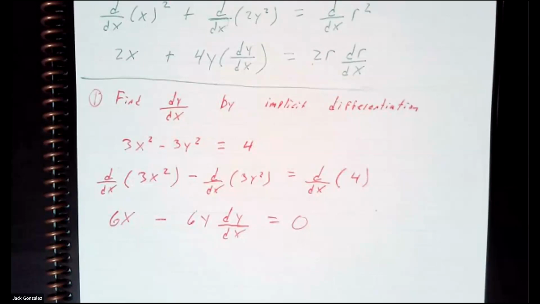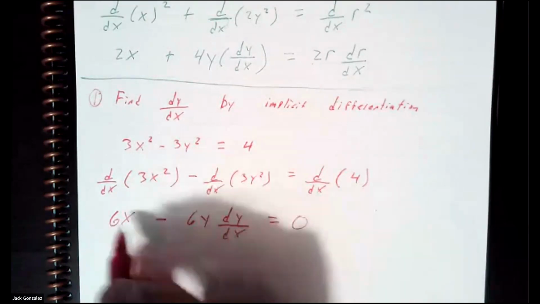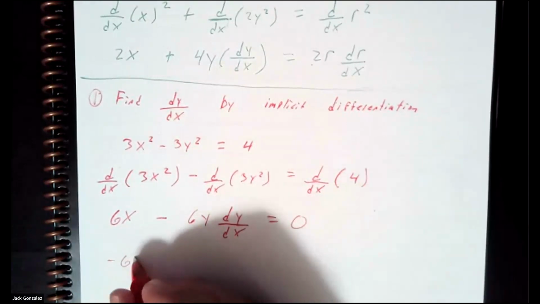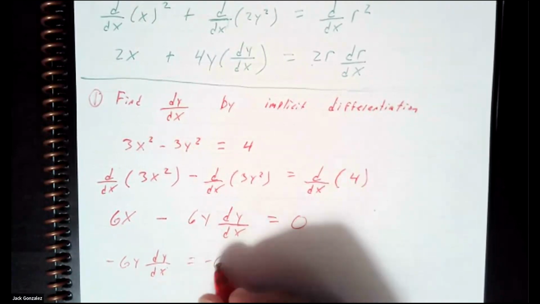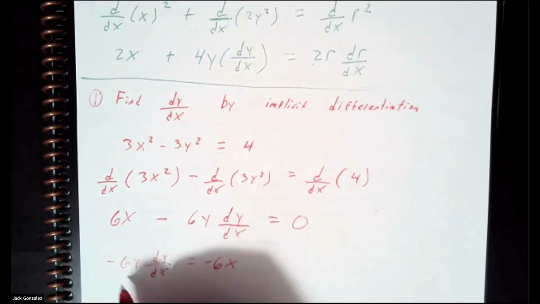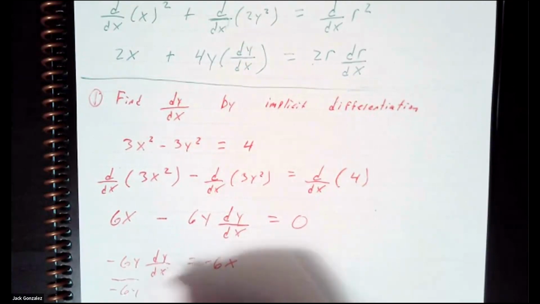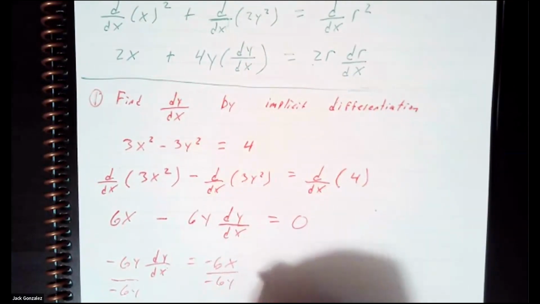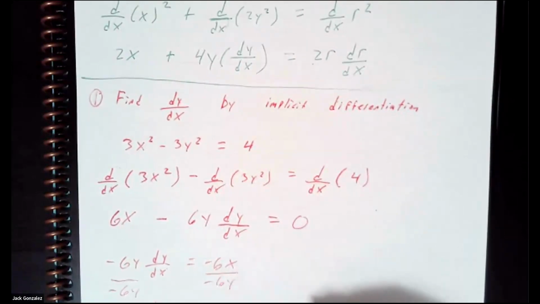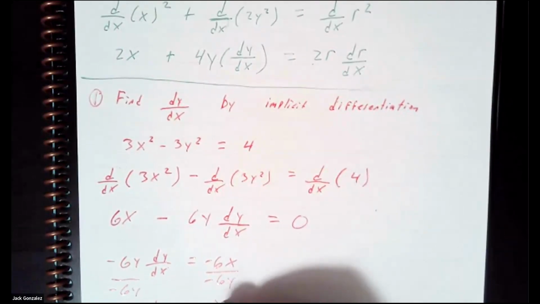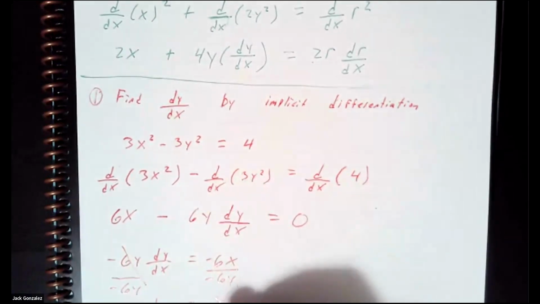Okay. So they want dy dx. So do the algebra. Isolate this piece. So let's move the 6x over there. Divide by negative 6y on both sides. So dy dx is equal to x over y.